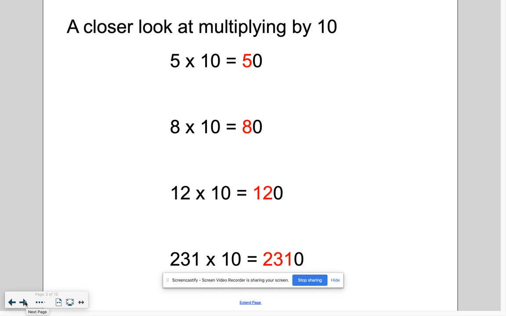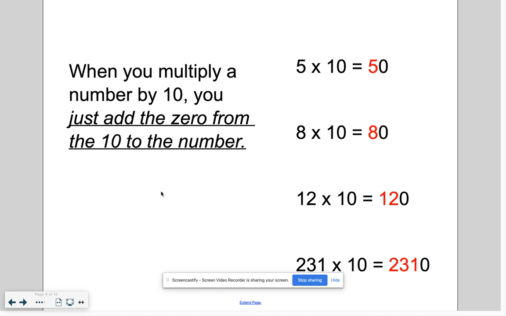So when you're multiplying by 10, the rule is all you have to do is take the 0 from the 10 and stick it on to the 5. Basically, you're combining these two to make 50. So it makes it a lot easier, and it's true for any number that you multiply by 10.